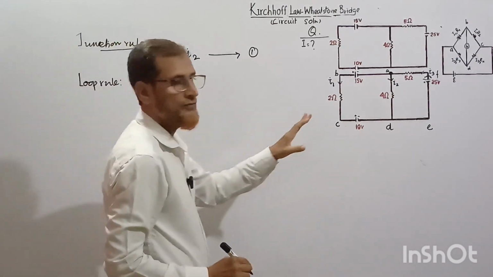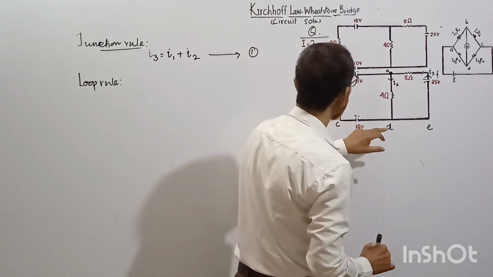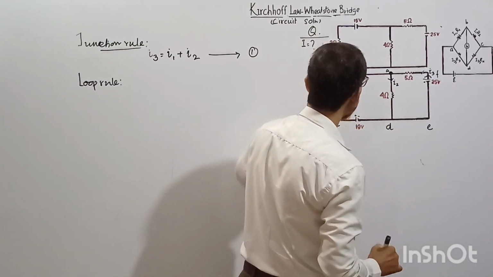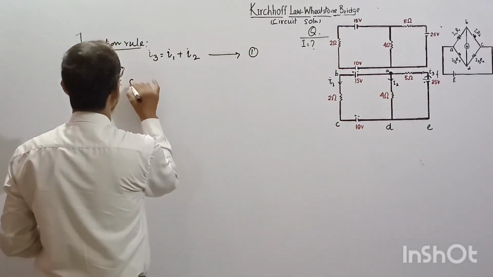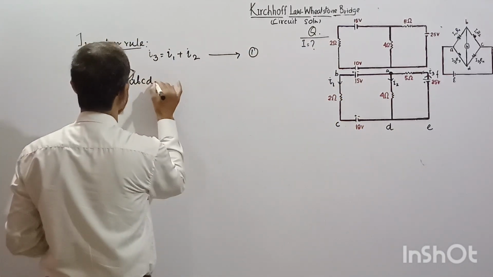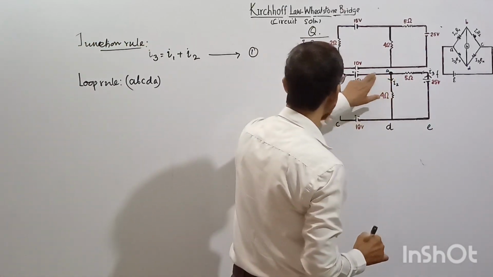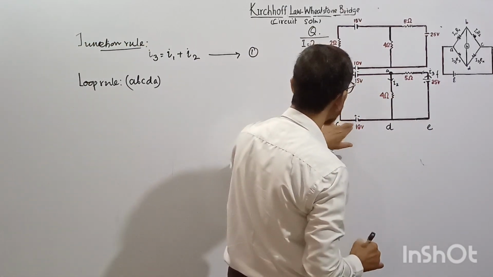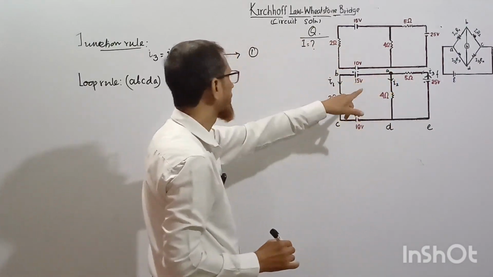Let us assume the first loop A, B, C, D, A. A, B, C, D, A means current has started from this point and again it is coming back to A while traveling. This is your first loop.